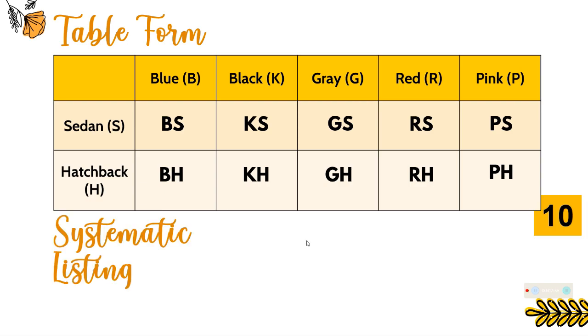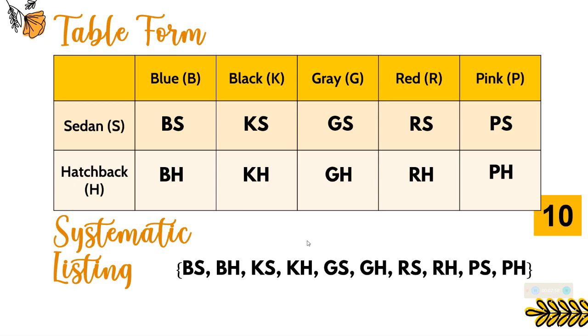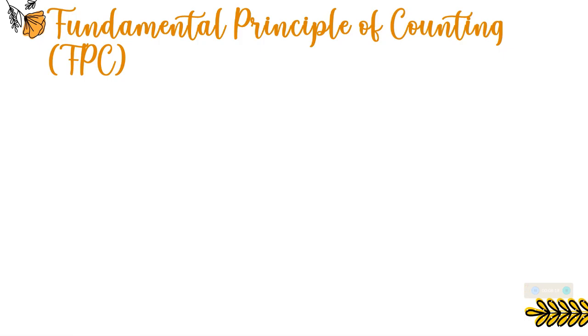Next, if we are going to have the systematic listing, we can have this one. Just like what we have done on the table form, we have here the possible outcomes: BS, BH, KS, KH, GS, GH, RS, RH, PS, and PH. So still we have 10 possible choices.